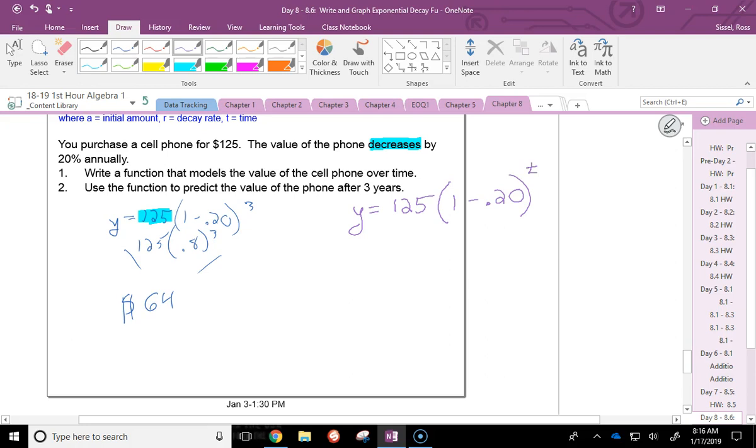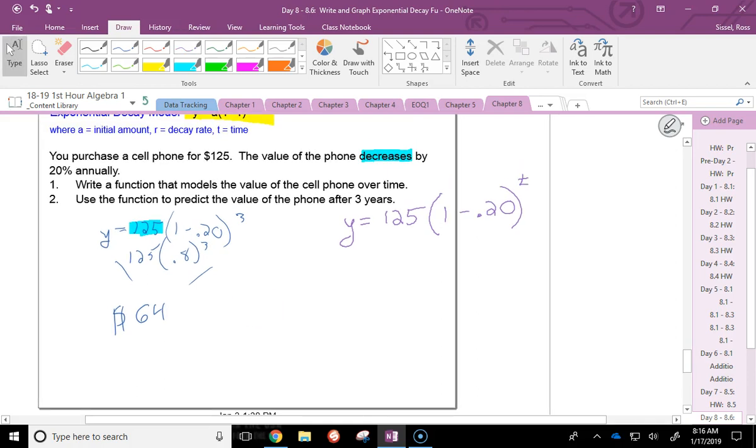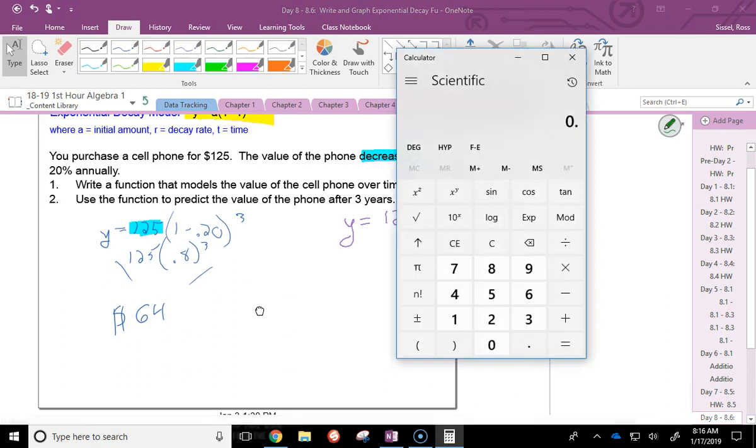I would do 1 minus 0.2, give me 0.8. And then if I use my calculator, 0.8 to the third power is 0.512, and I'm timesing that by my initial amount. That phone, after 3 years, is only worth $64.